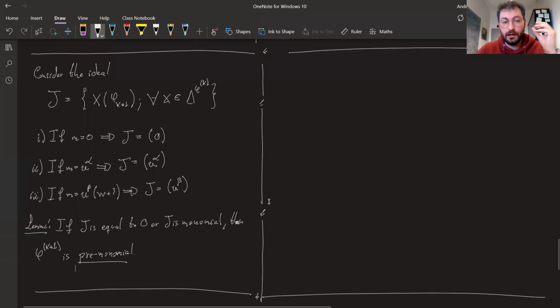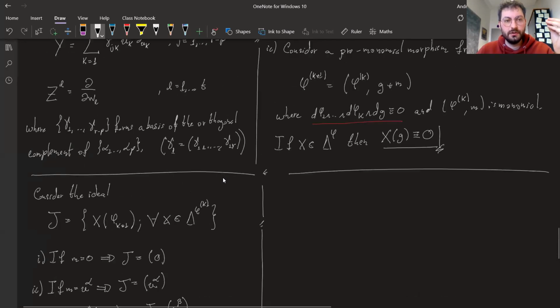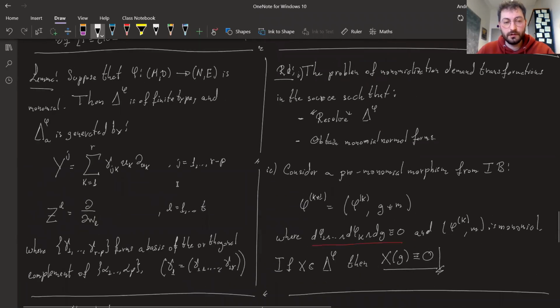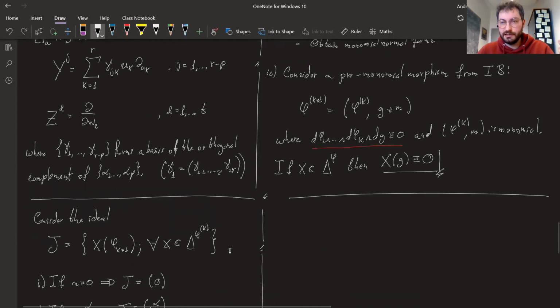So what is the point of what I'm trying to present here and of constructing this lemma? The point is we have this rigidity of the level sets, and now we can use it by applying it to the last entry of the morphism, the one that we're trying to transform, in order to get a certain ideal.